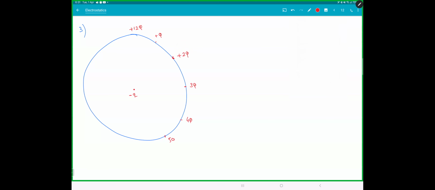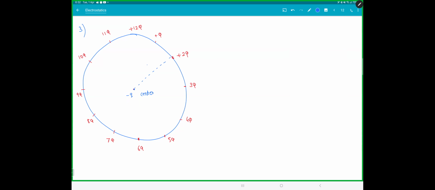They're not exactly aligned, but yeah, they're equally spaced, just like a clock, 7Q, 8Q, 9Q. There. So there are 12 charges on a circle, and we have a minus q charge at the center.